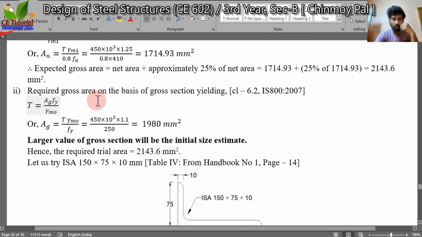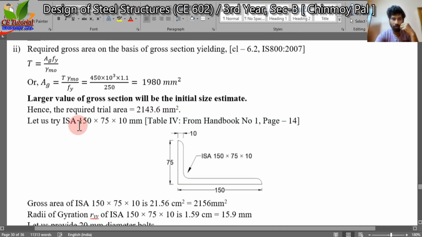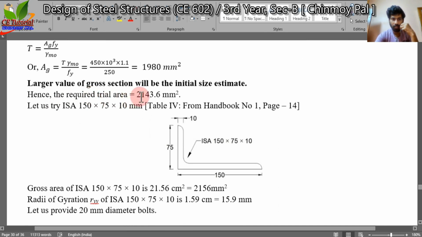And from the other criteria, that is cross section yielding, we are calculating the cross section directly, and this is 1980 millimeter square. The greater value will be under consideration. The greater value is 2143.6 millimeter square. That's why our first trial area is 2143.6 millimeter square.